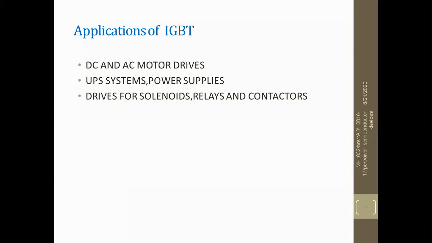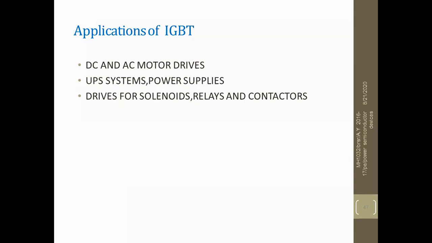The on-state conduction losses are less compared to the MOSFET and the BJTs. That's why the IGBT is the best example for low on-state conduction losses.